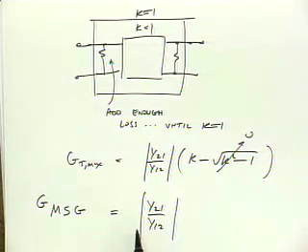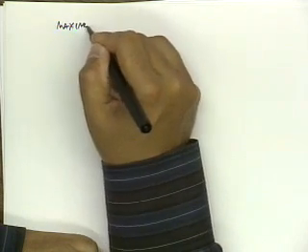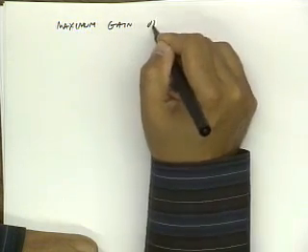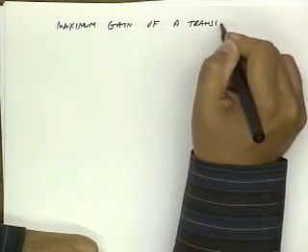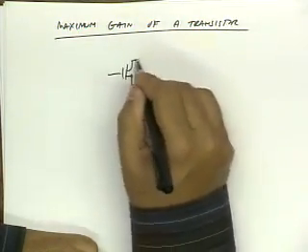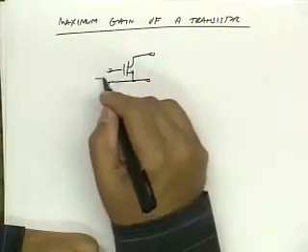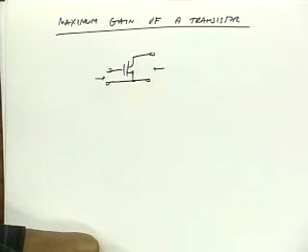And the reason I like to define this is, nobody likes to work with infinity, right? So if I look at a particular device, let me take a transistor. What's the maximum gain of a transistor, let's say operated in common source configuration?